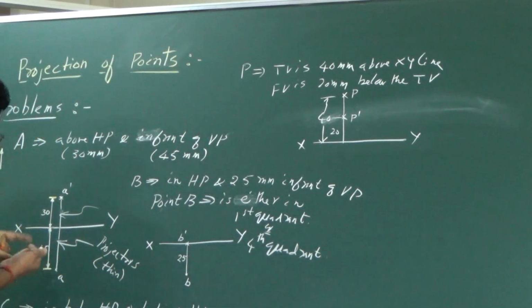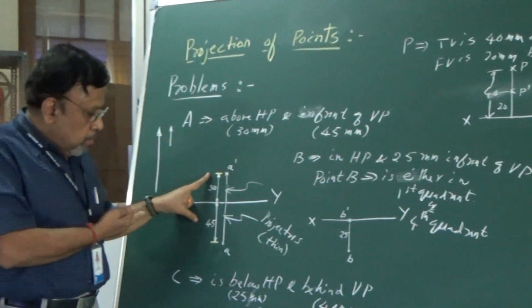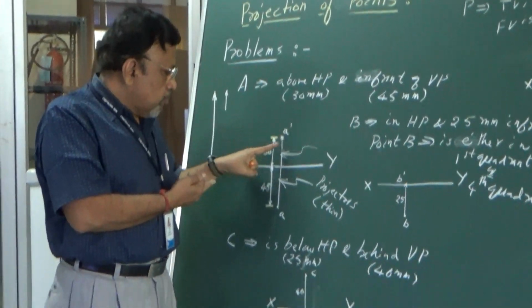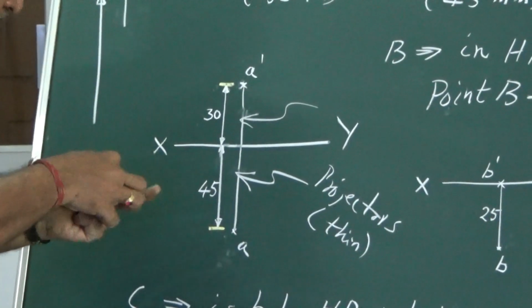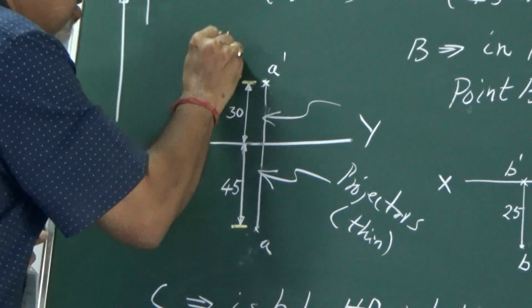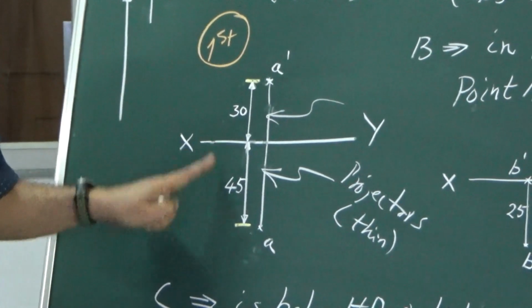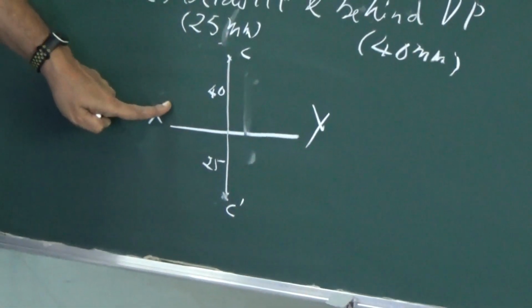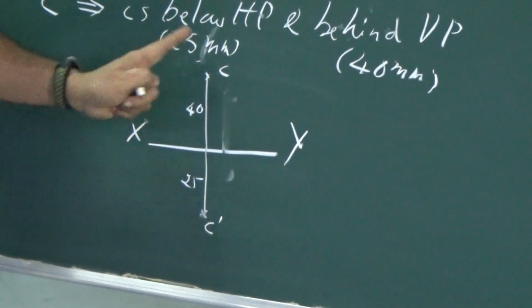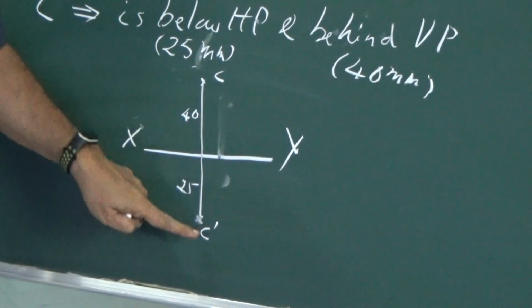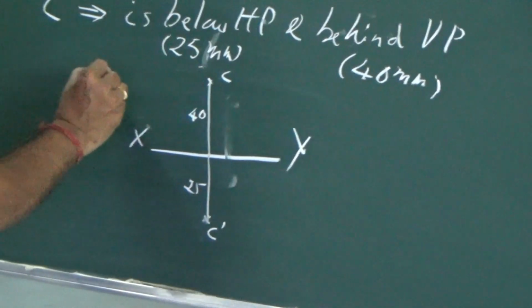Now here is a problem wherein the front view is above and the top view is below, so this point is in the first quadrant. What about this? Here the front view is below the XY line and the top view is above. So in which quadrant is this then?